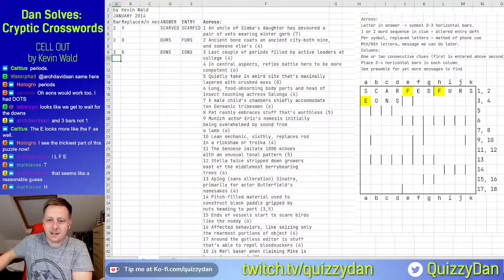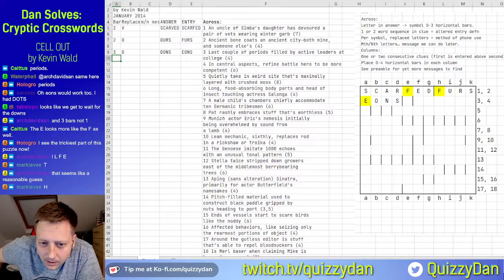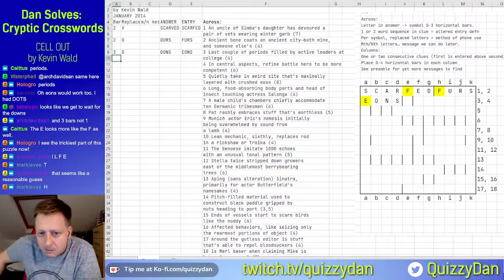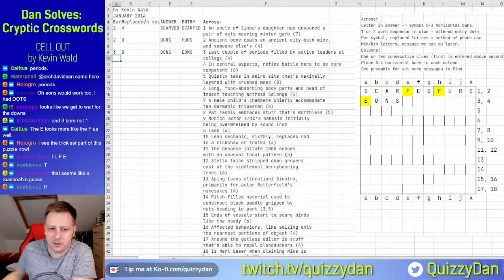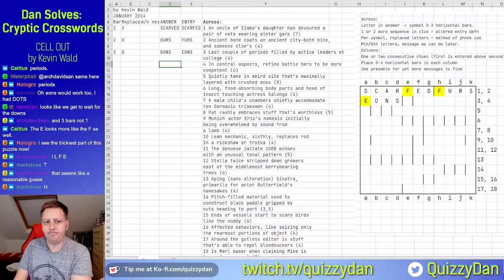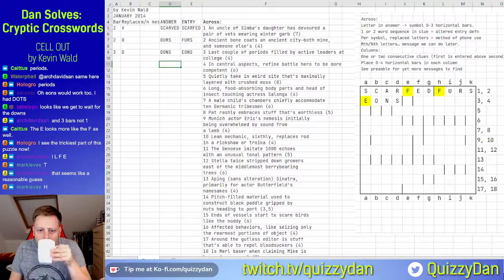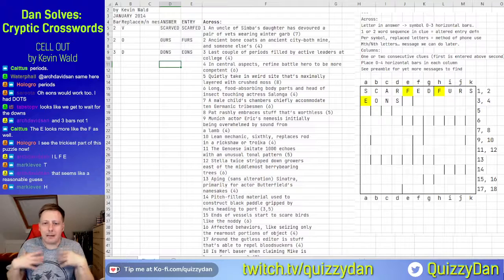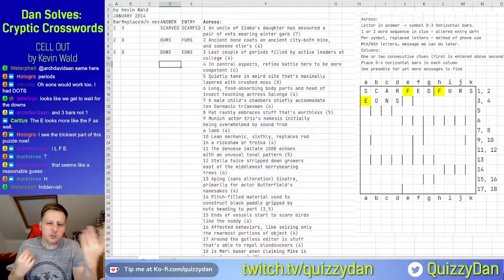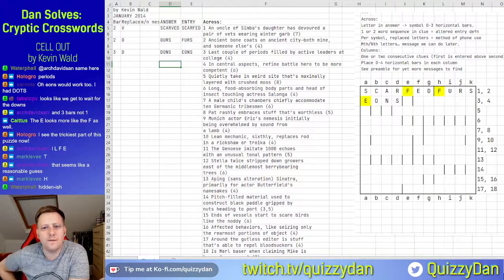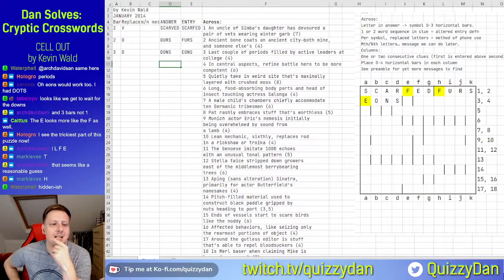In central, is this a hidden? To be more competent. Well, apter. It's going to be NDR, but refine. Hidden-ish, intriguing.